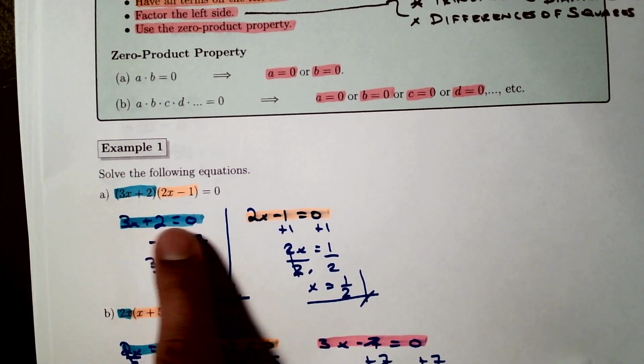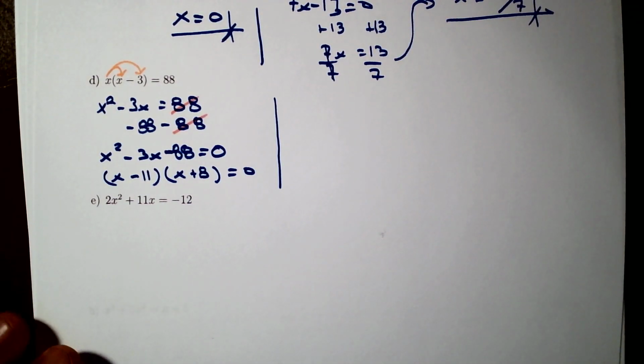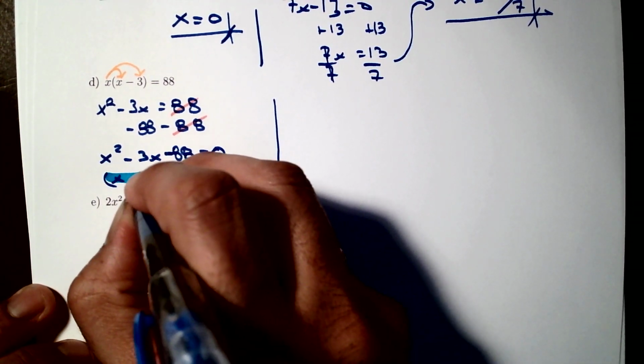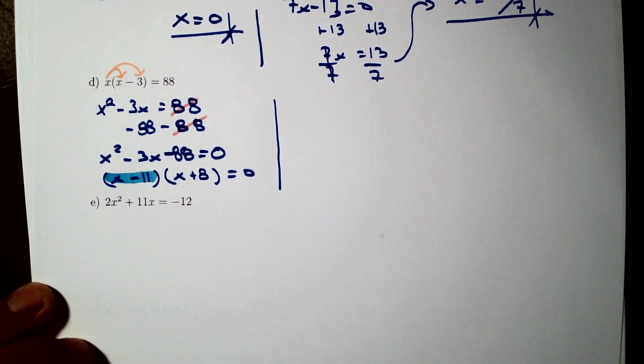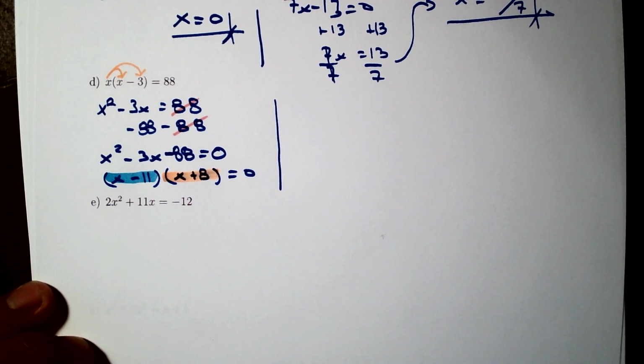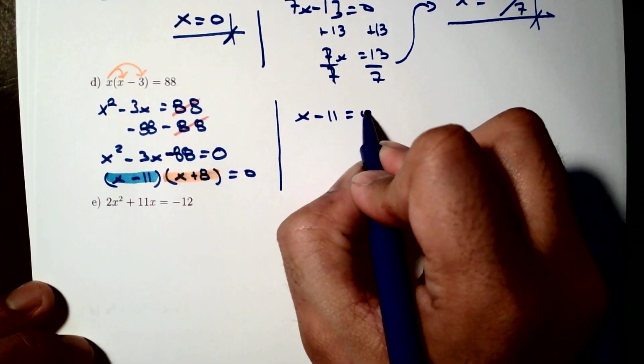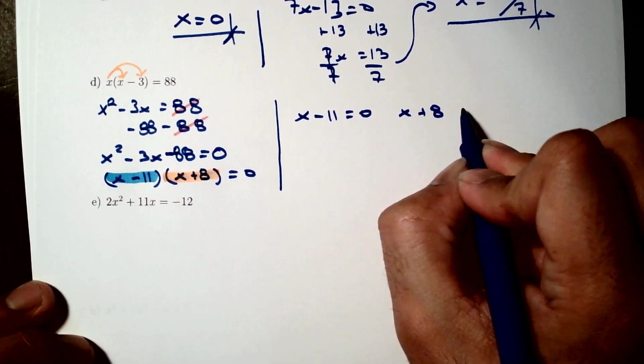So we're ready to apply the zero product property. Set each equal to 0. In this case, I'm going to use the same color coding here: blue for the first factor and orange for the second factor. So I'm going to set x minus 11 equal to 0 and x plus 8 equal to 0.